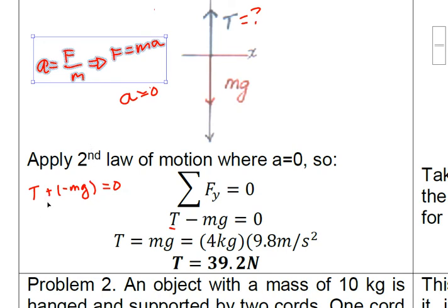Then by the rule of multiplication of signs, positive times negative is negative. We know the mass is given: 4 kilograms, and g is 9.8 meters per second squared.